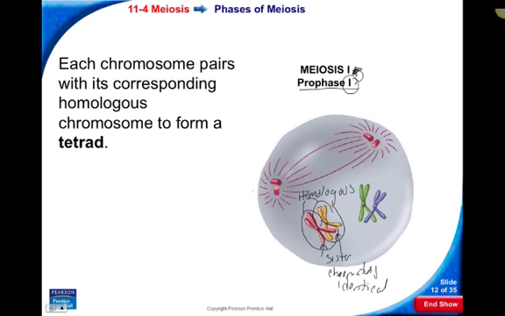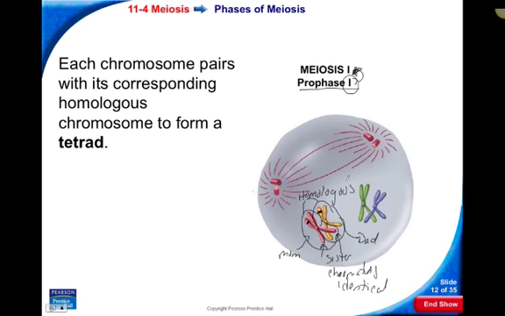Remember we were saying this might have the trait for red hair color, and over here we might have the trait for brown hair. We're going to say the yellow one came from the dad and the red one came from mom. So these came from the parents of this organism.